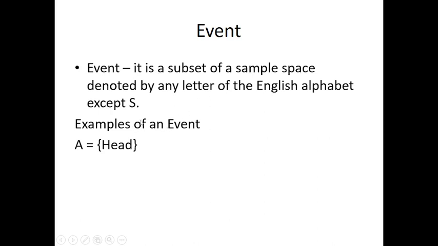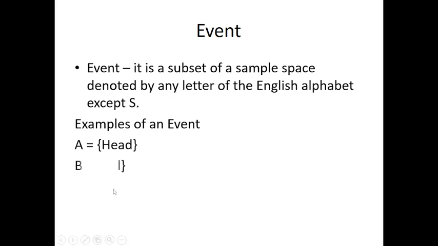Pag sinabi na kasi nating sample space, the set of all possible outcomes of a random experiment. So ang ating random experiment, tossing of a coin, na kung saan lahat ng posibleng outcome doon ay head and tail. And then, yung event A natin, ito yung ating event na kung saan head will appear in tossing a coin. So ngayon, parte siya ng sample space. Subset siya ng sample space.